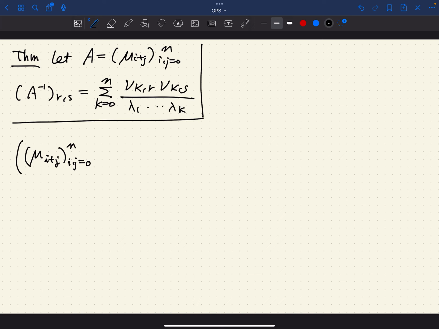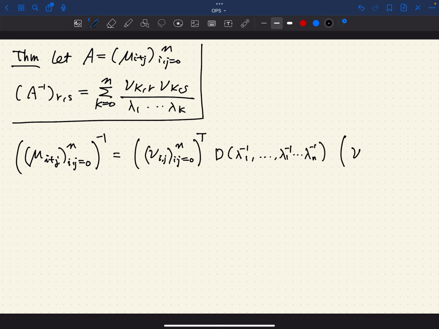And if you take the inverse of this, its entry will be exactly this, but that can be written in this way: nu ij, i, j from 0 to n, and I take the transpose of this and a diagonal matrix. This means that the diagonal entries are lambda 1 inverse, up to lambda n inverse, and nu ij from 0 to n.